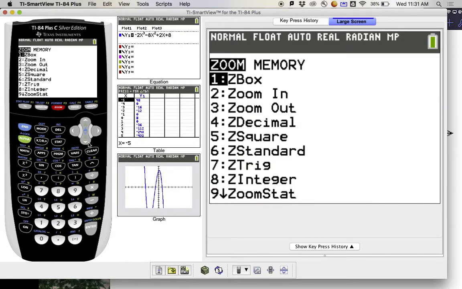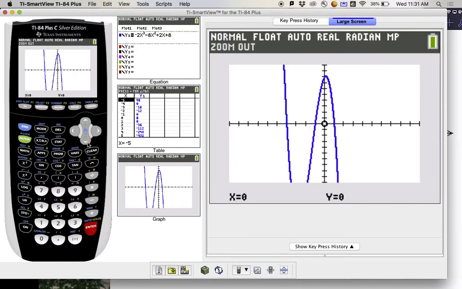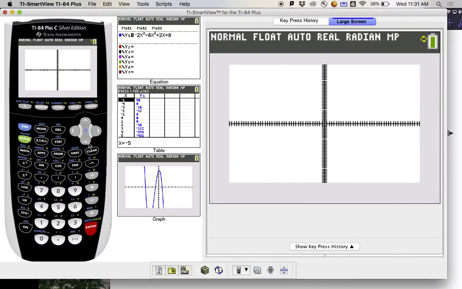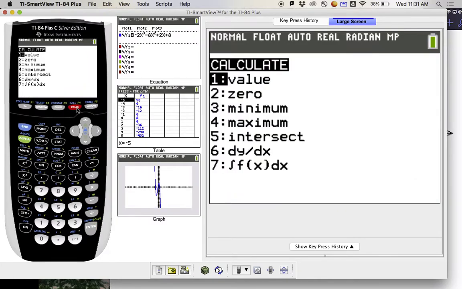You hit zoom and then zoom out. There you go, there's your graph. There's the minimum. This is called the relative minimum at this point, and this is the relative maximum. To find them, we use the max and min buttons on our calculator.